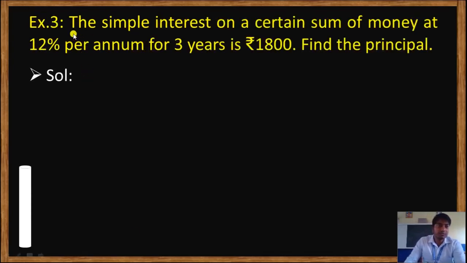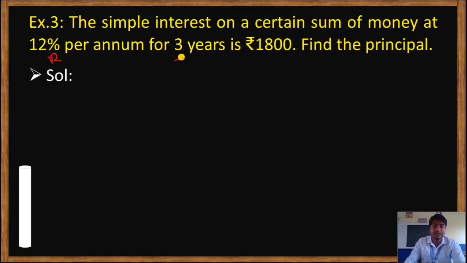Now example number 3: the simple interest on a certain sum of money at 12% per annum for 3 years is rupees 1800. The sum of money is not given, that means the principal is not given. Find the principal. So 12% is the rate, 3 years is the time, and 1800 is the simple interest.